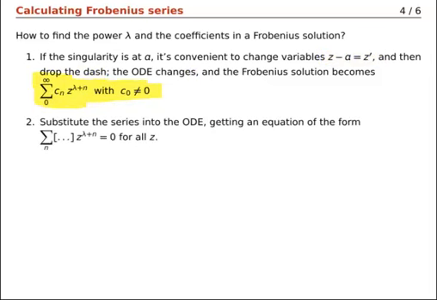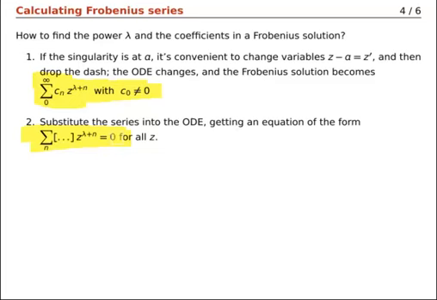And now we substitute the series into the differential equation. What you get will always be an equation of very much the same form, a series of very much the same form equal to 0, it equals 0 for all z, just because the differential equation holds for all z.